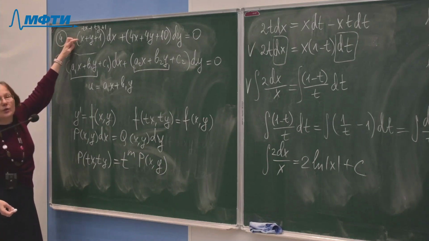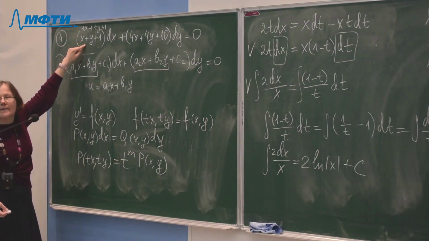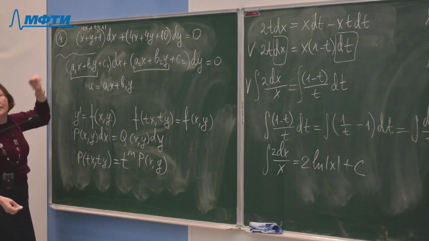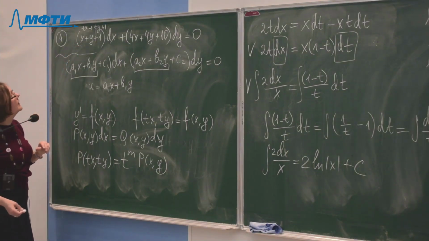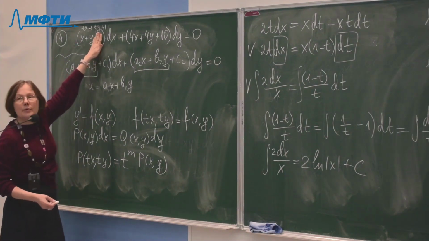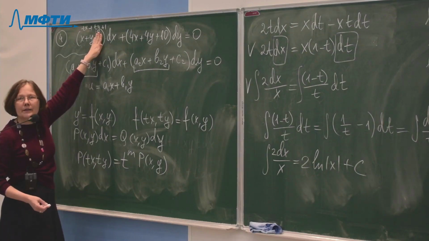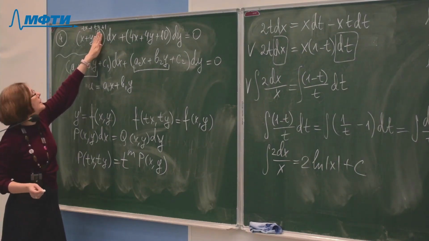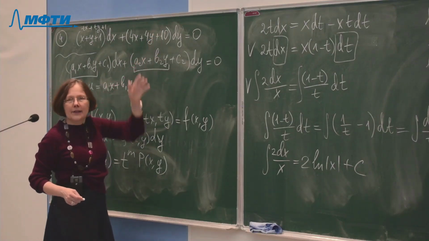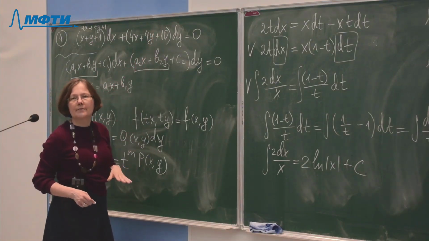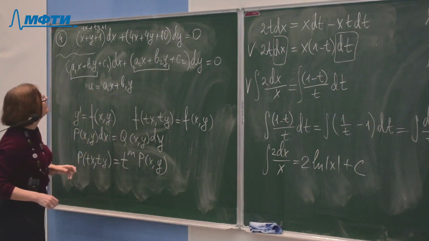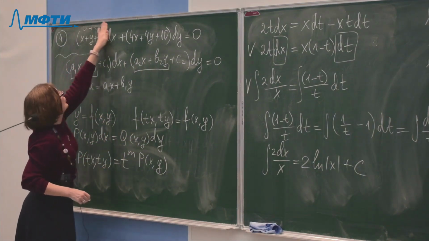This function is not homogeneous, but without the 1 it would be homogeneous, of course. If we remove the 1 and the 10, then it will be homogeneous.